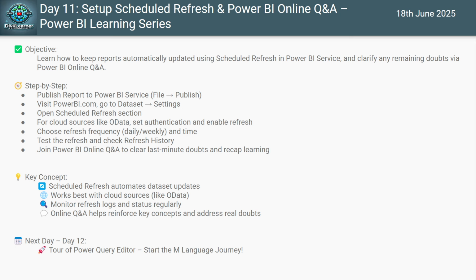You can test the refresh and check the refresh history as well. Now, if you still have any queries, please leave it on the Q&A form that I'm sharing, and I'll connect with you. And on every Sunday, we have a session on Q&A as well.